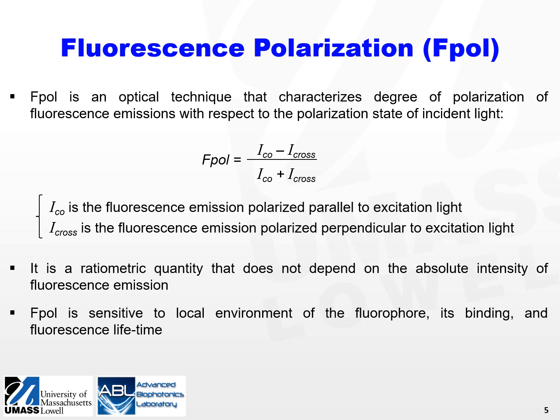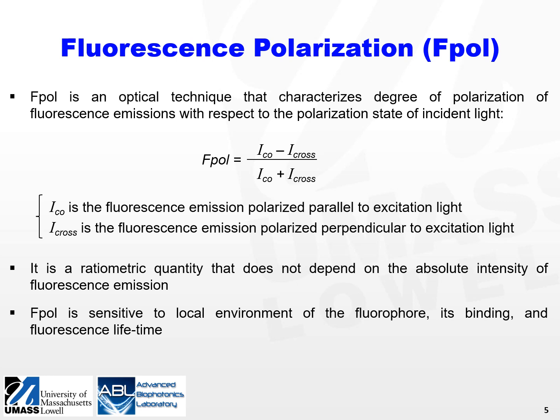Fluorescence polarization is a widely used optical technique that characterizes the degree of polarization of fluorescence emissions with respect to the polarization state of the excitation light. It is defined by the equation shown on this slide.